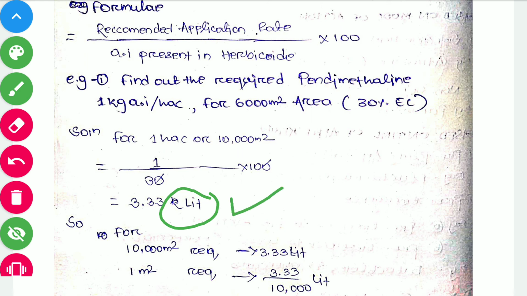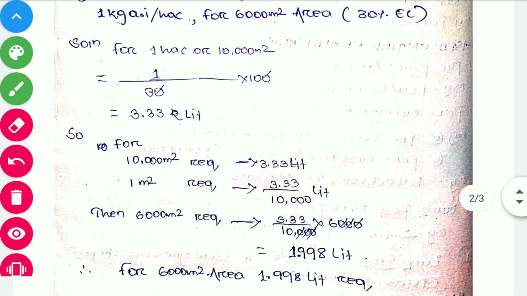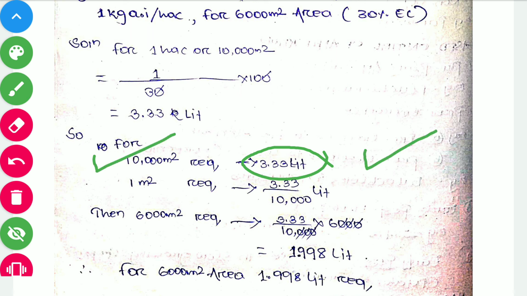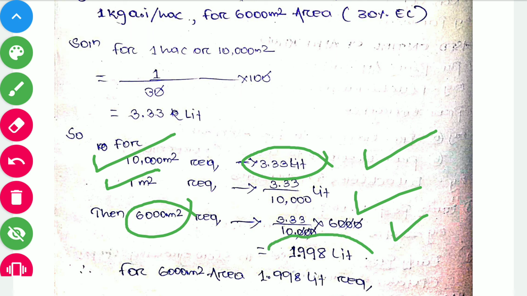So for 1 hectare, that is 10,000 meter square, 3.33 liter is required. Then for 1 meter square it will be 3.33 upon 10,000, and for 6,000 meter square it will be 3.33 by 10,000 into 6,000. It comes to around 1.998 liter.